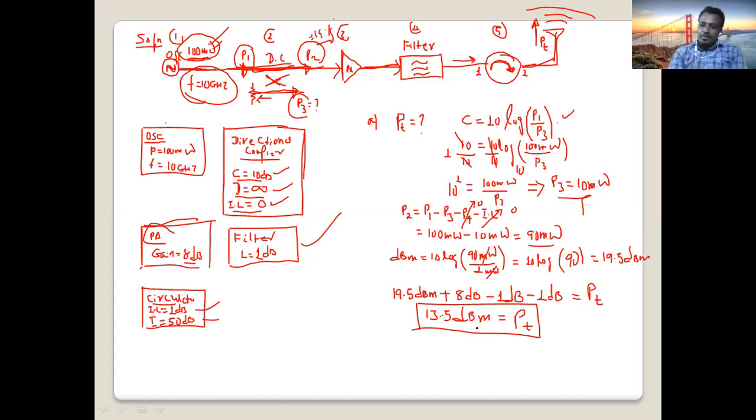You see, it's very simple. If it is gain, you have to add. If it is loss, you have to subtract. In this particular system, we have an oscillator, which generates 100 milliwatt. The coupler divides the signal into two. The amplifier amplifies the signal P2. Then at the filter, there is a loss, 1 dB. Then the circulator guides this signal to the antenna.